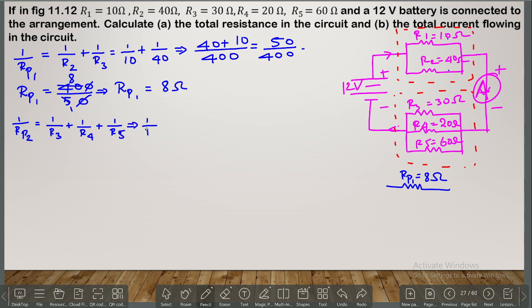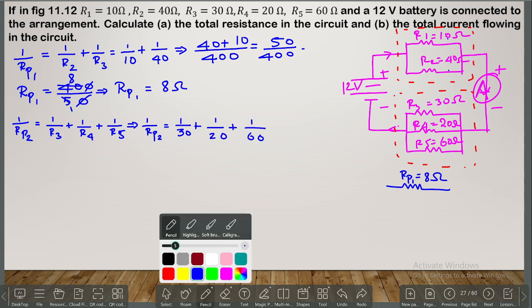So 1 by Rp2 is equal to 1 by 30 plus 1 by 20 plus 1 by 60. Make it into a common denominator.